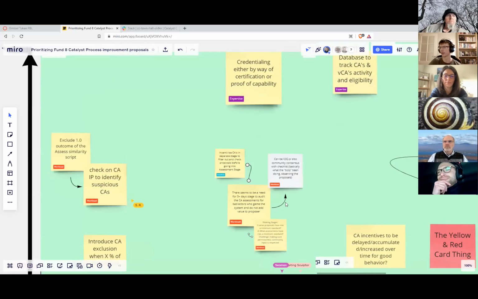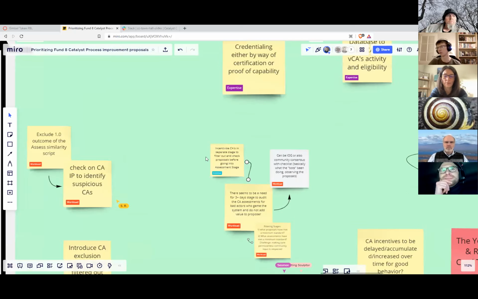But here on the right side, all of these 4 sticky notes kind of converge into the idea of adding another stage or another role where, when the proposals are completed and finalized, people don't assess but observe.